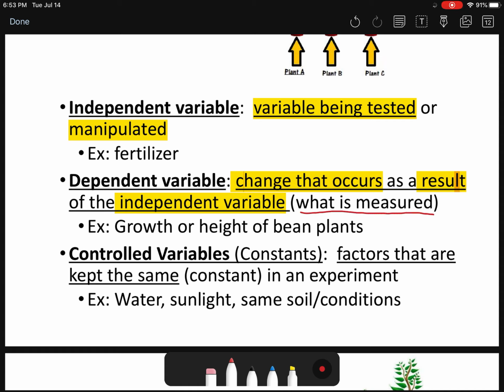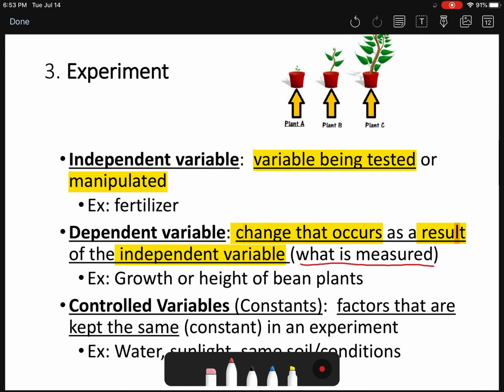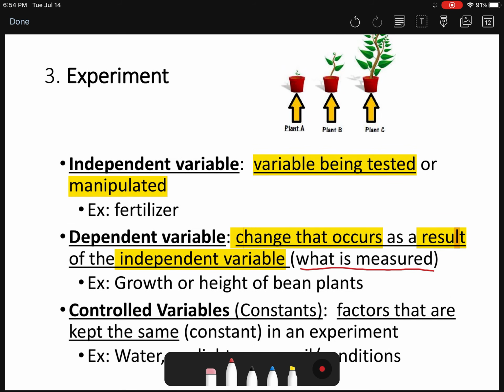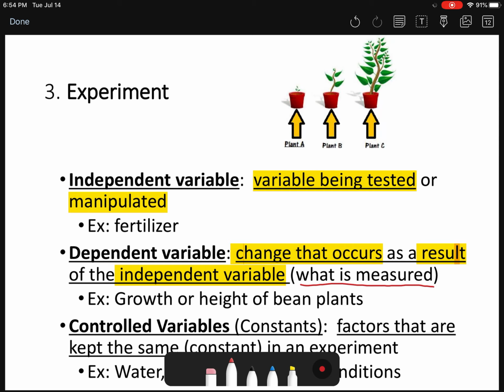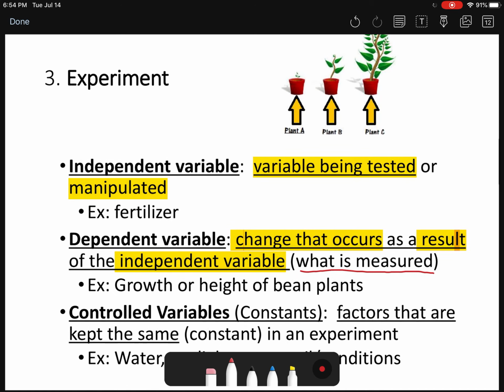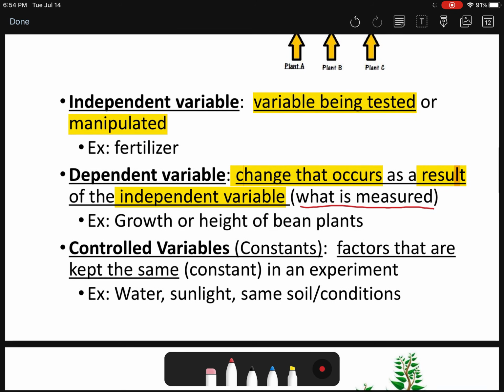So whatever it is you're going to be looking for and measuring to see if there's a change that occurred, that's what your dependent variable is. So in this case, if we give each of these plants a different amount of fertilizer, A none, B 1 teaspoon, and plant C 2 teaspoons, we're going to measure the height of those plants, how high they've grown, and that's going to be my dependent variable because it depends on whether or not it got that independent variable. That's why we call it the dependent variable.